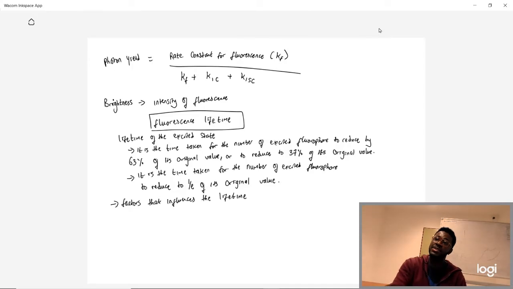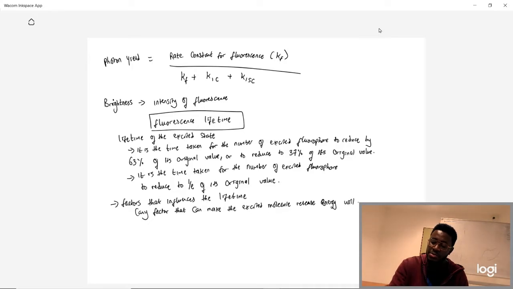Basically, any factor that can make the excited molecule release energy will reduce the lifetime, because the excited molecules come down to ground state faster, and the time to reduce to 1 over e is shorter.